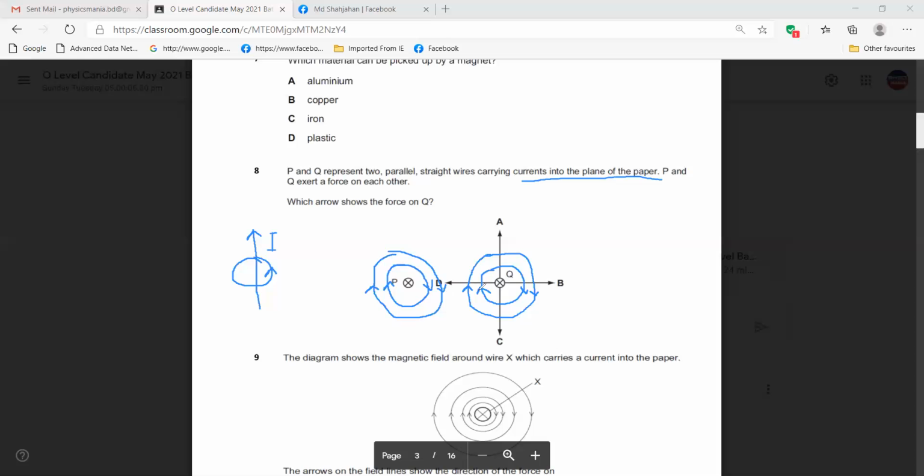Can you repeat that sentence? Yes, the sentence is: the closer part of the field lines, their direction of arrow is opposite. Like for this field line it is downwards, and for this field line it is upwards.